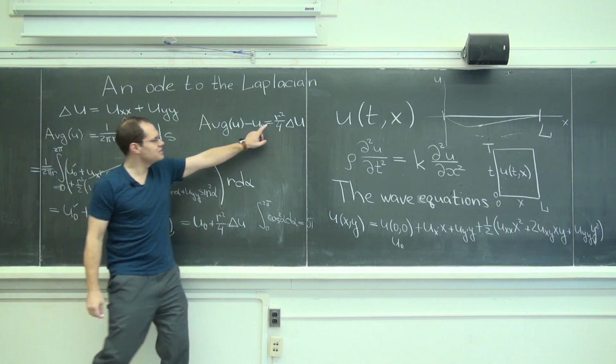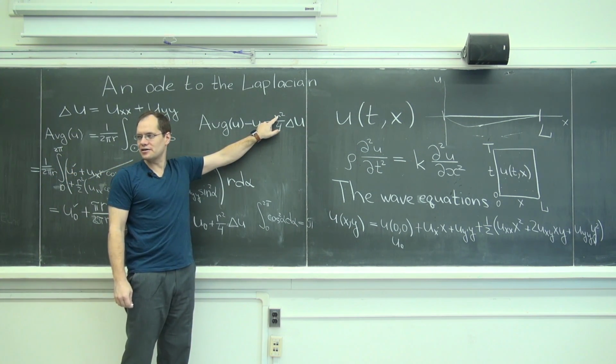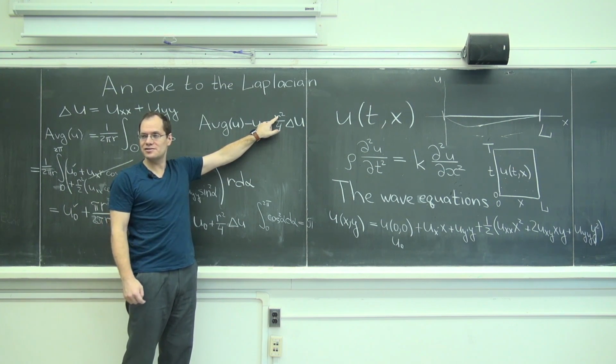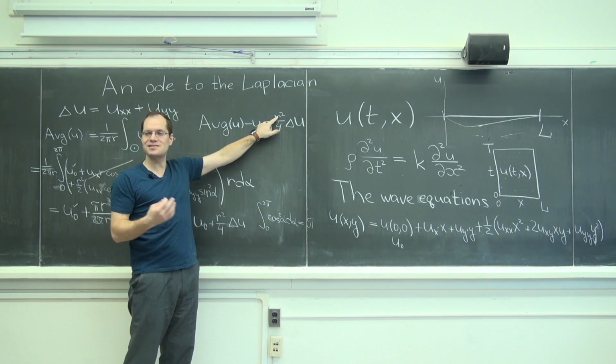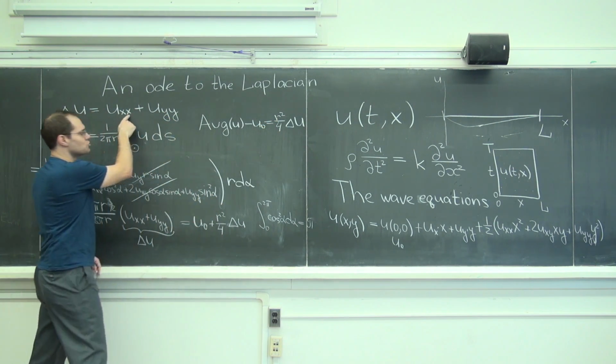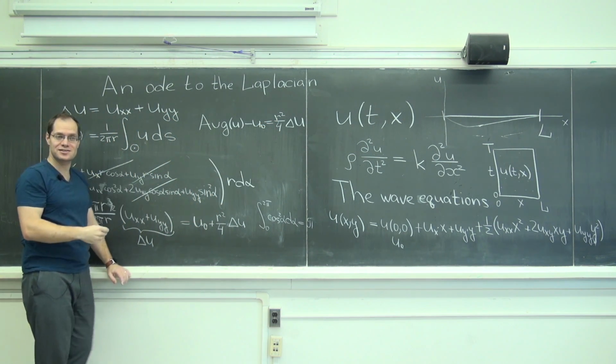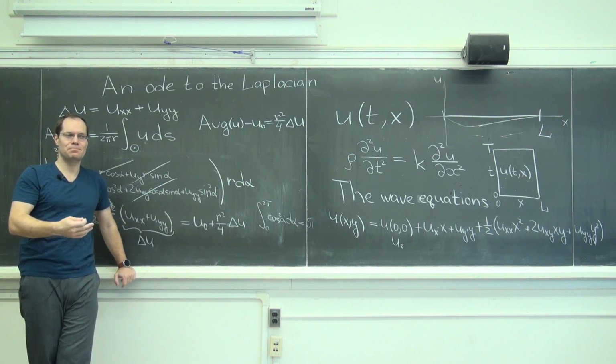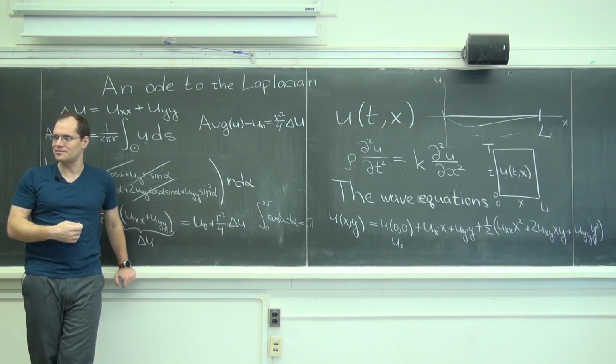And of course there needs to be a multiple of r squared, because if you think about units, whatever u represents, if it's temperature and is measured in Kelvin, when you take its derivative with respect to x once, it'll pick up one over meter, and when you do it twice, it'll pick up one over meter squared.